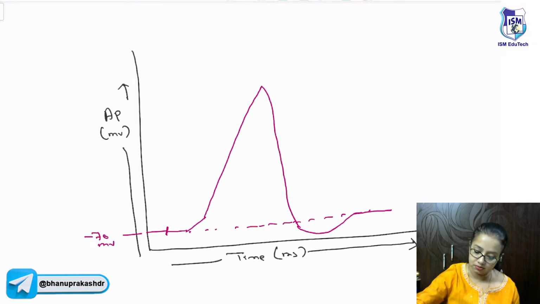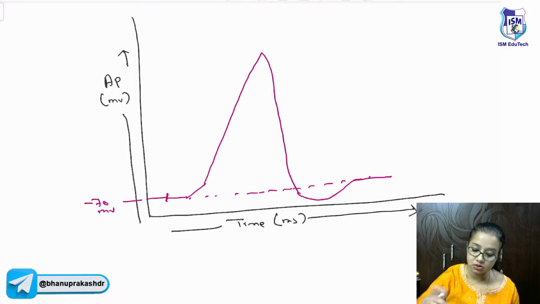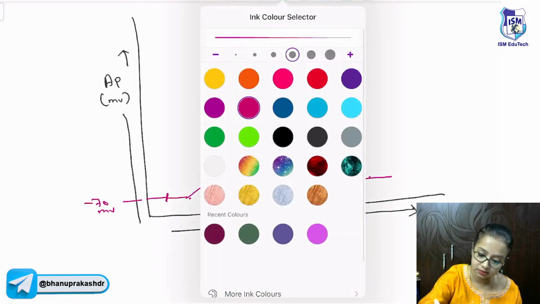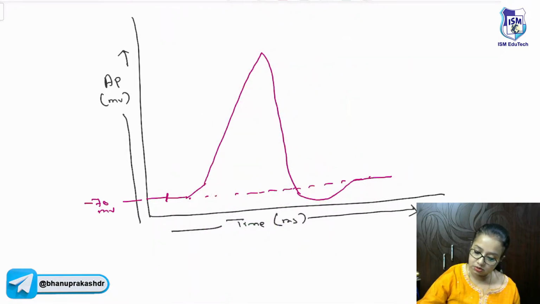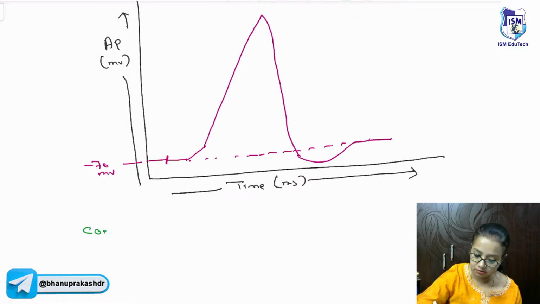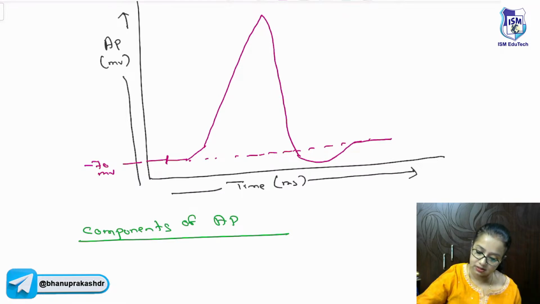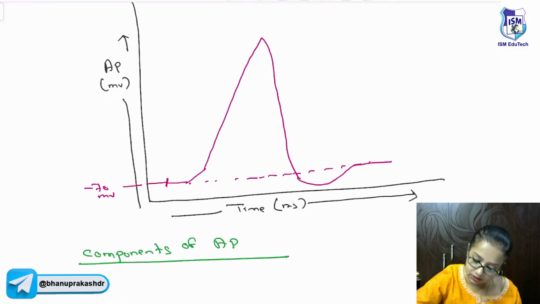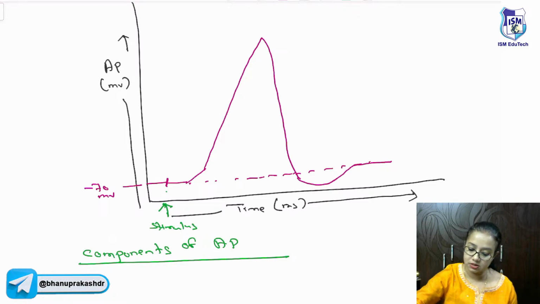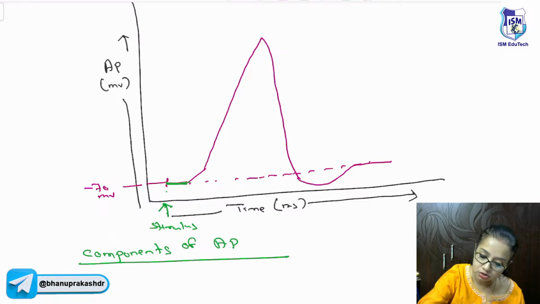Now, what are the components of an action potential? To write it, components of action potential. So, here, suppose this is where the stimulus was applied. This is the time where we saw no response.